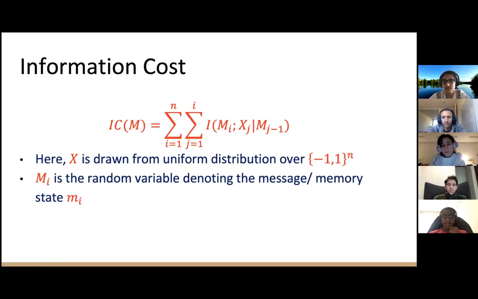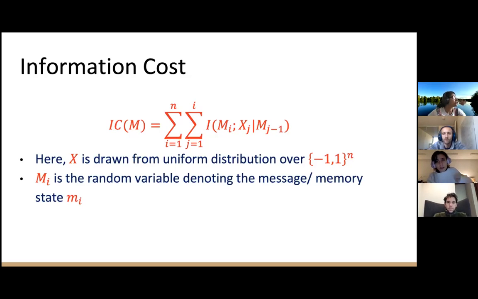The protocol can use private randomness, that is, at each time step it can use fresh randomness, but there is no public randomness. Yeah, but the information cost will not remain independent from this private randomness. Not independent, but that means it will not increase the cost, right? Yeah, correct.